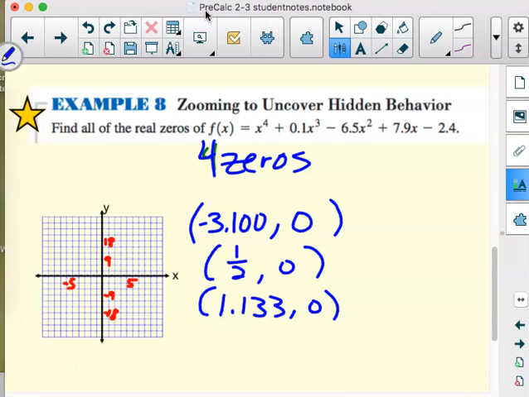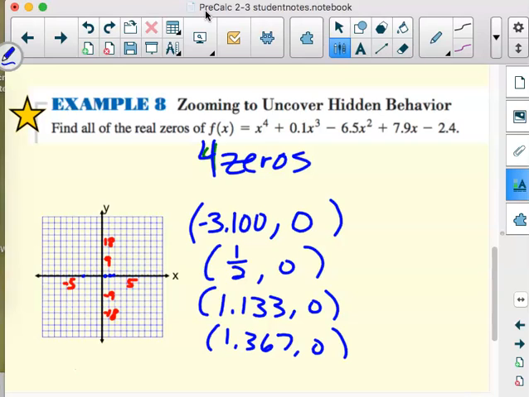And then 1.3670. So we'll put those on the graph and see what we have. Negative 3 and a little bit more. 1/2, 0. 1 and just a teeny bit more. And right next to it is the other one.